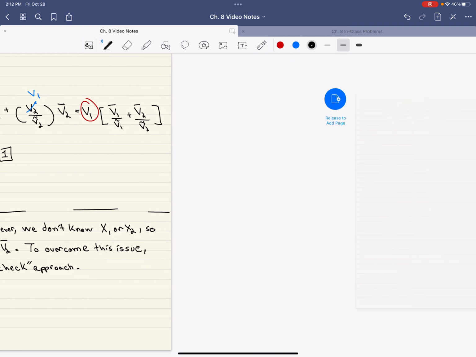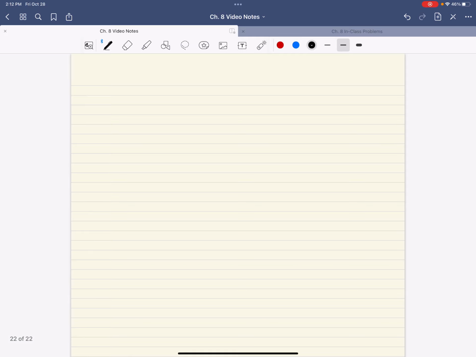All right, and so what I'm going to do now is sketch out the steps involved in a guess and check approach. Okay? And so in a guess and check approach, since we don't know V1 bar, V2 bar, or X1 and X2, what we're going to do is just make a guess for one of those parameters. All right?